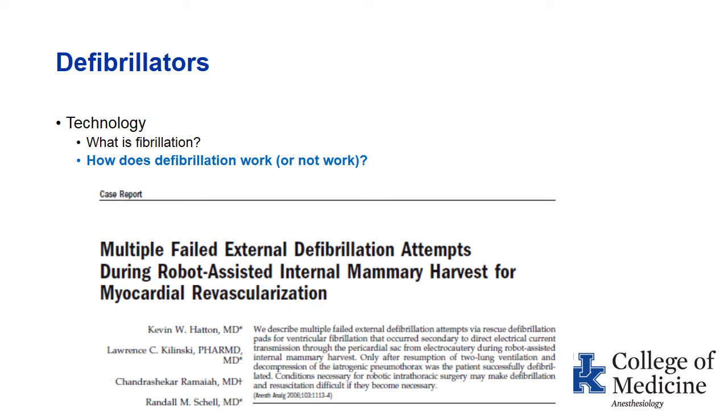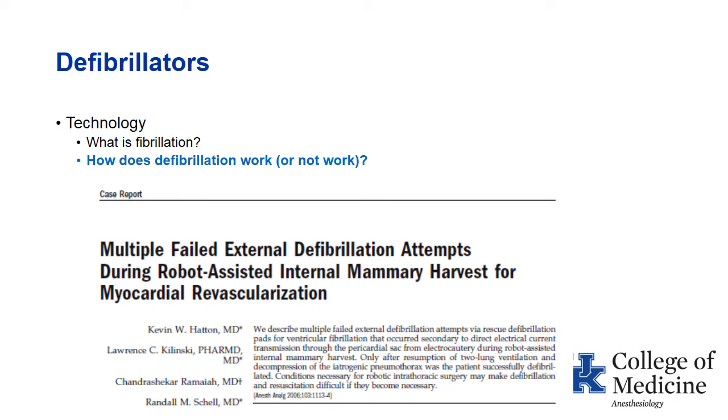Now, just as a myocardial or epicardial patch electrode interferes with defibrillation, so does air, so does a pneumothorax. There was a time when robotic harvesting of the internal mammary artery was in vogue, and this case report, authored by Drs.